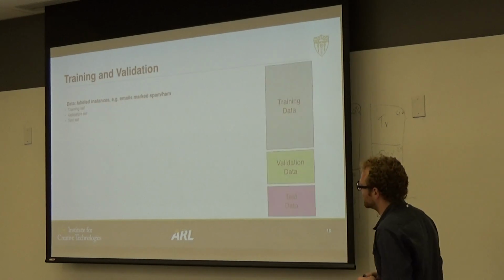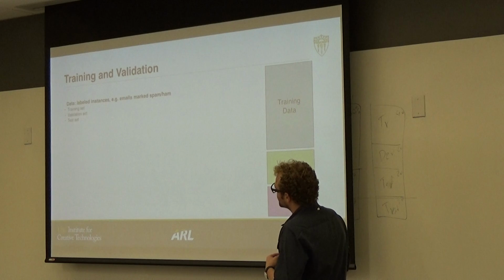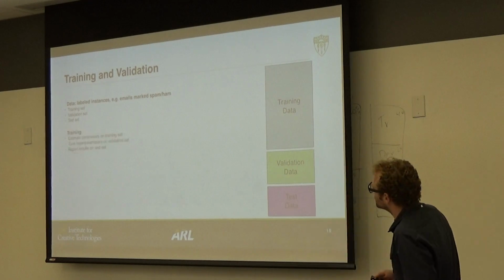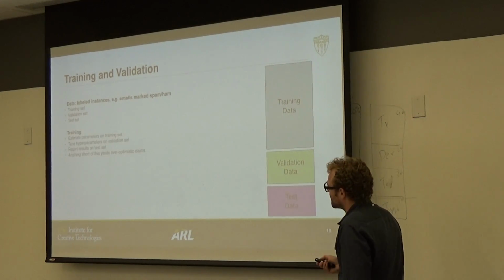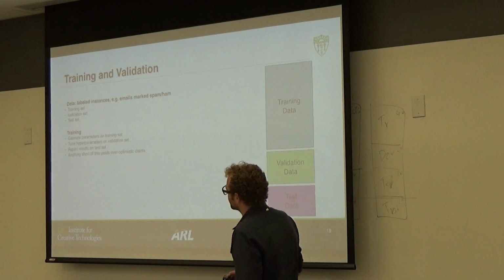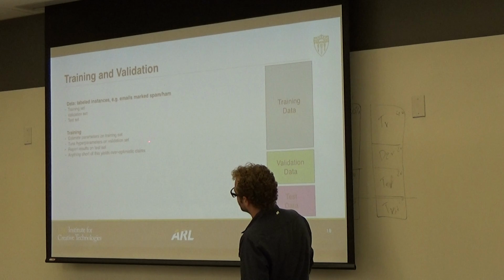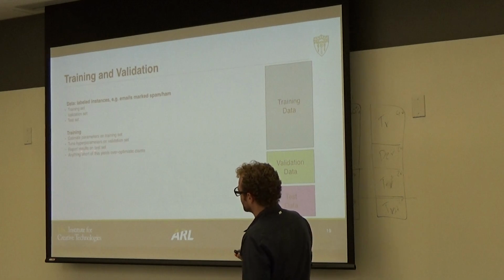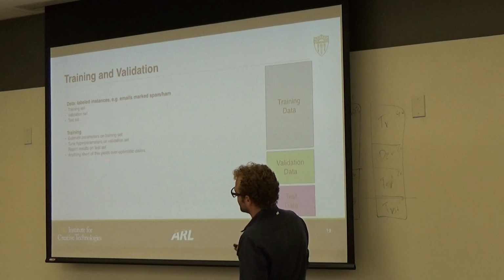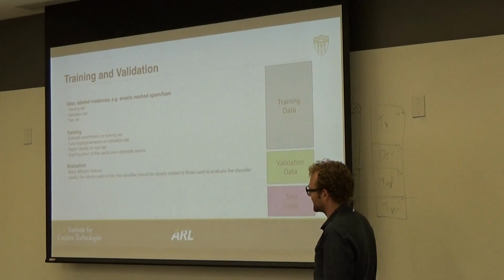Just as a note. Okay, so to recap the steps in training: you estimate the parameters on the training set, you tune the hyperparameters on the validation set, and report the results on the test set. Anything short of this yields over-optimistic claims.